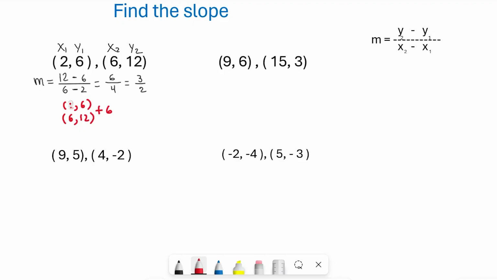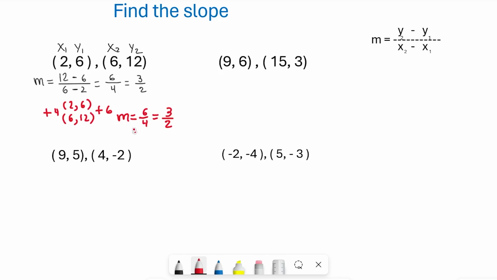The rate of change here is going to be plus 4. Okay, so then the slope should be 6 over 4. And you can see we get the same answer. Of course, when you reduce, you're going to get the same thing, right? 3 over 2 because you divide them by 2.